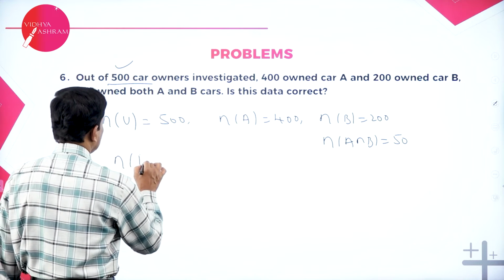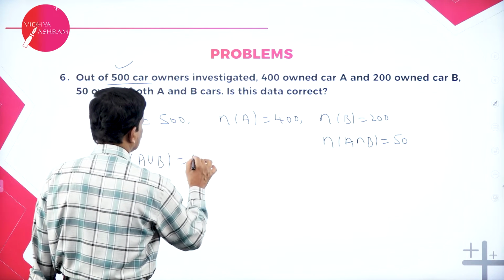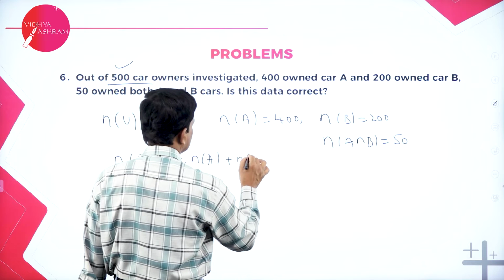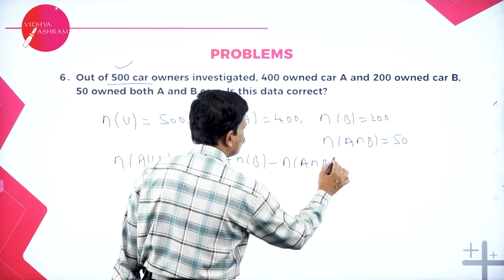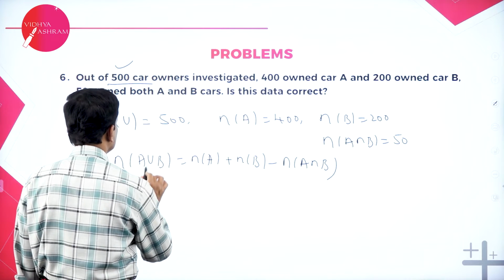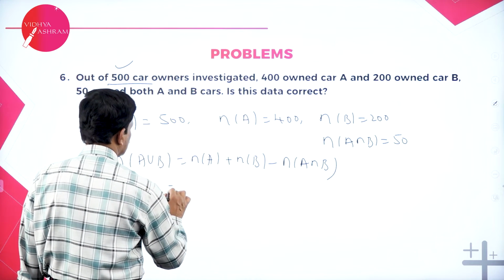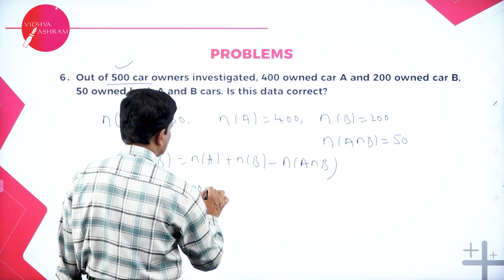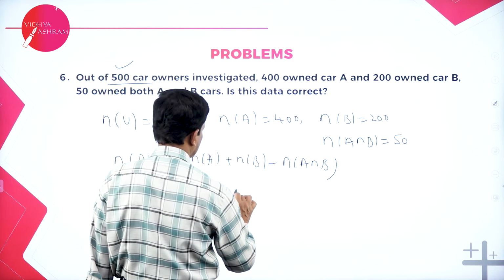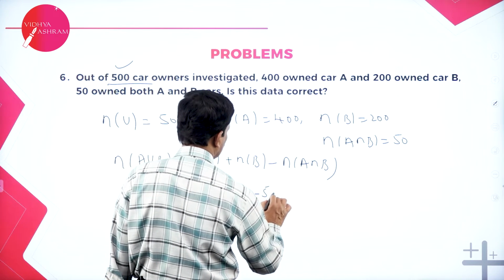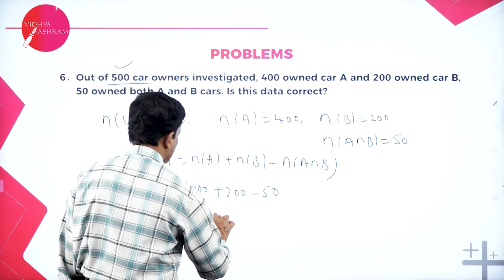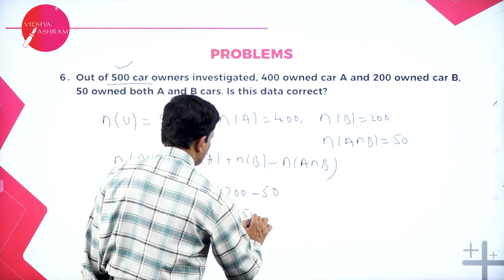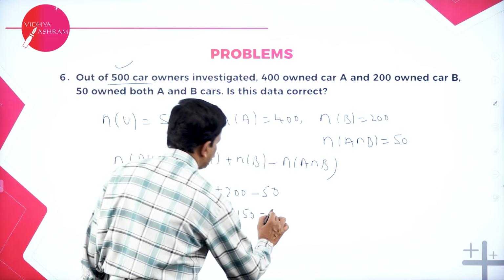We know that n of A union B is equal to n of A plus n of B minus n of A intersection B. So, here 500 is equal to 400 plus 200 minus 50. So, 500 is equal to 400 plus 150, that is nothing but 550.